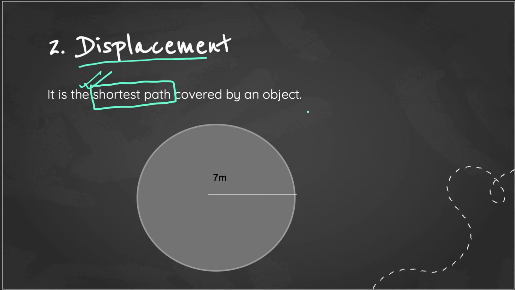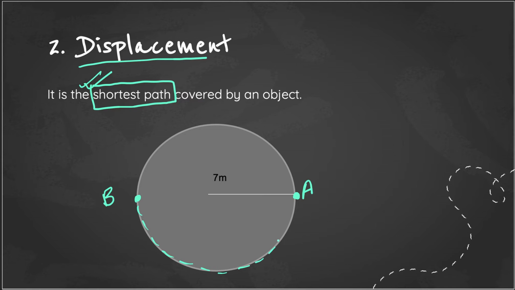For example, if I say that there is a person who started at point A, and took half of a round and came to point B. It took a circular round from point A, it came to point B. Now if we need to find the displacement, what is the displacement? It is the shortest path covered by an object. So the object is basically covering this much path.